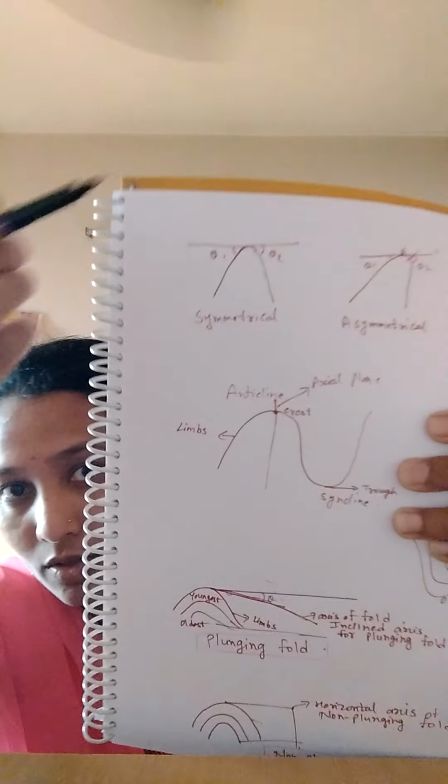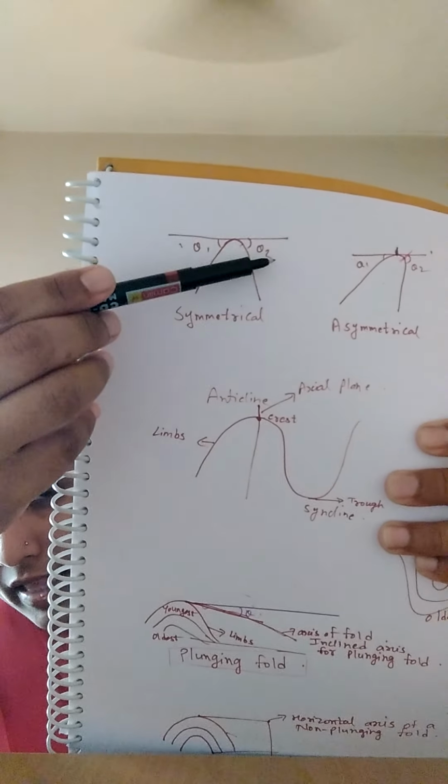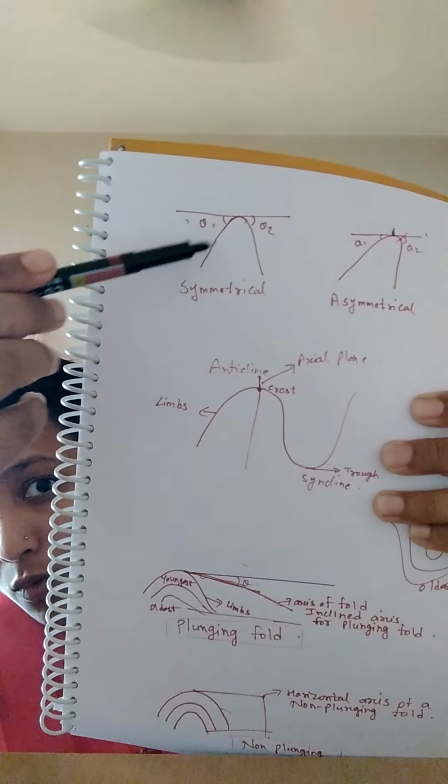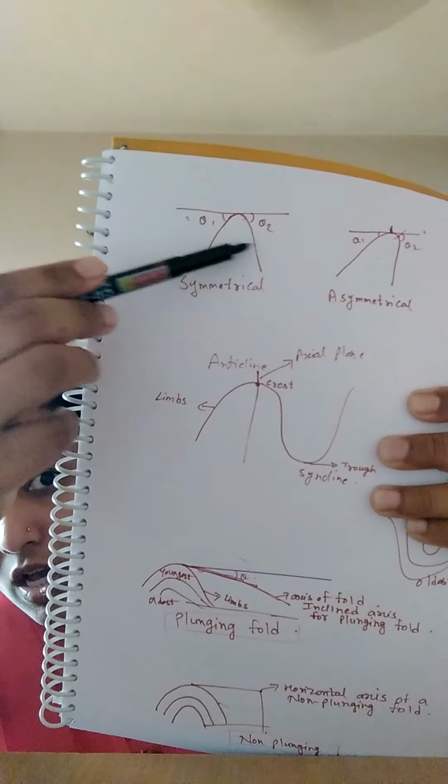So we know what the anticline is and what the syncline is by now. Then symmetrical and asymmetrical folds were also explained, but just to mention again. Here, if we see this, theta 1 and theta 2, both the angles of the limbs which are dipping away from one another in an anticlinal fold, are equal.